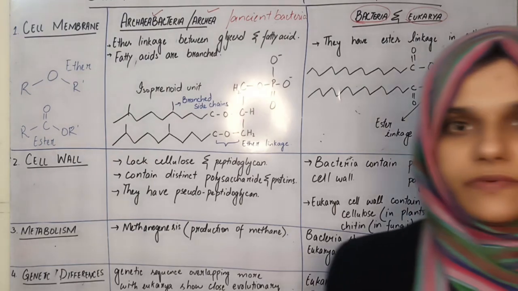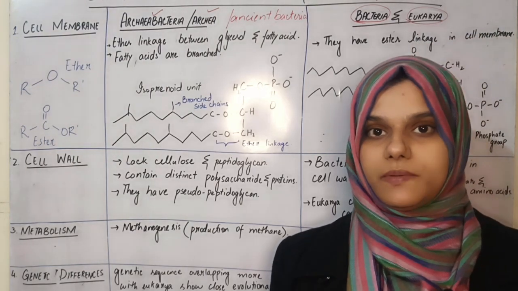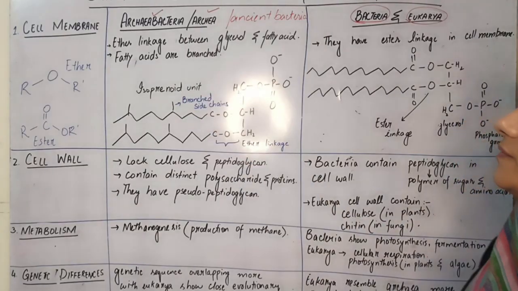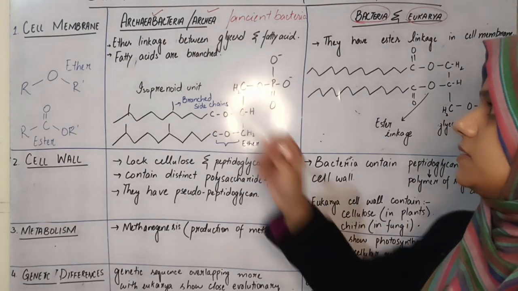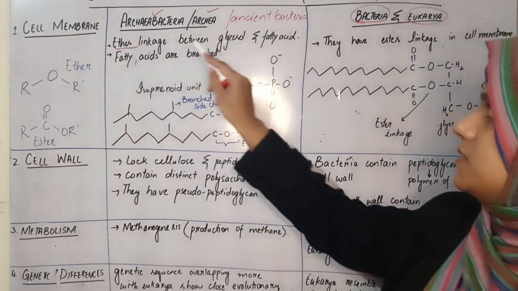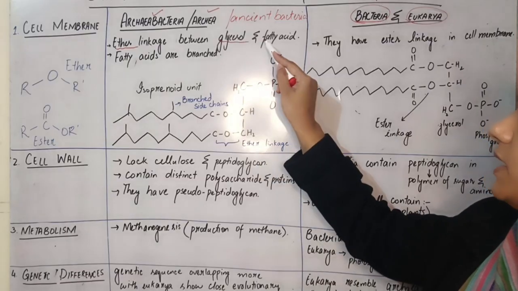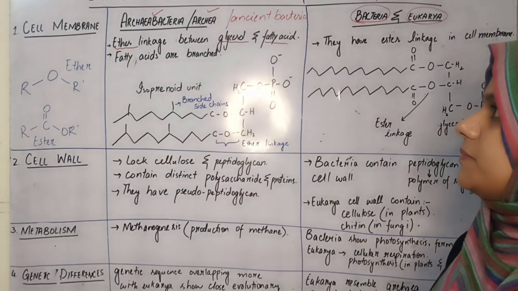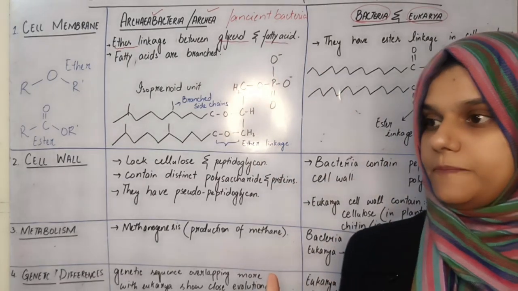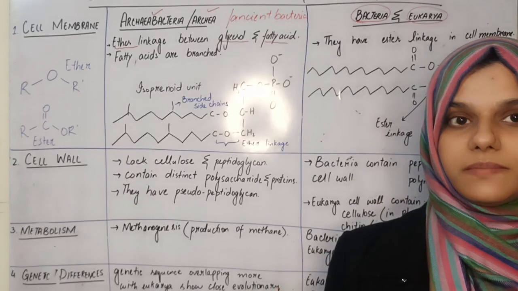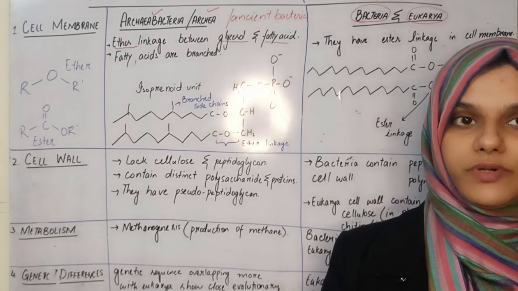Now, first of all, the very first important difference is the difference of cell membrane. In the cell membrane of Archaea bacteria, there is ether linkage, the presence of ether linkage between glycerol and fatty acids. You know that the cell membrane is composed of lipids and embedded proteins.